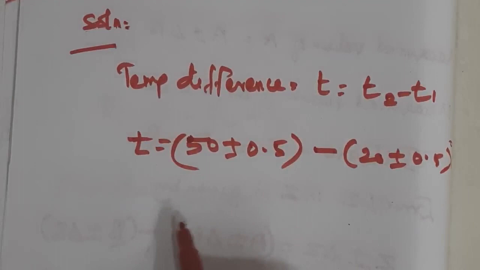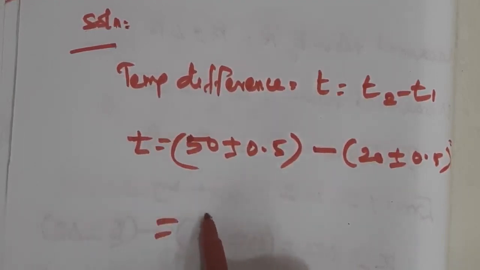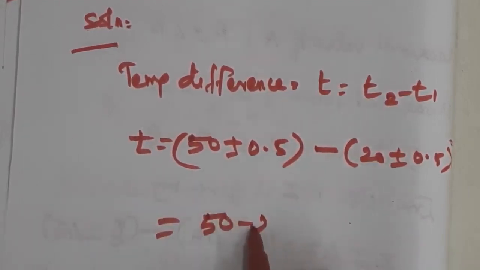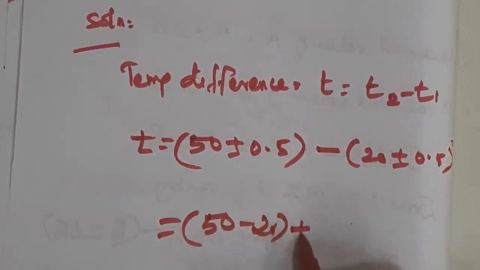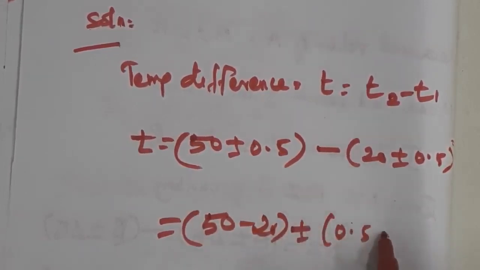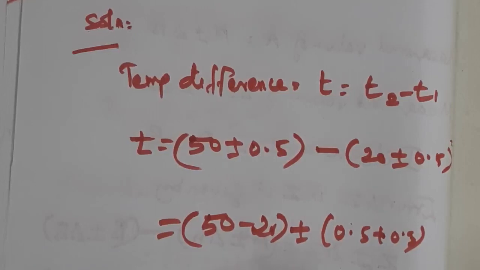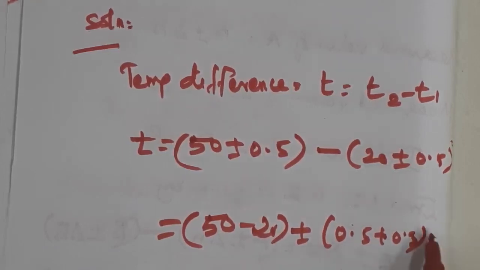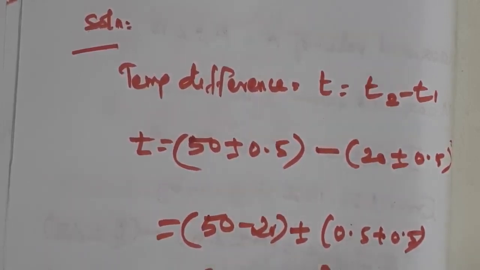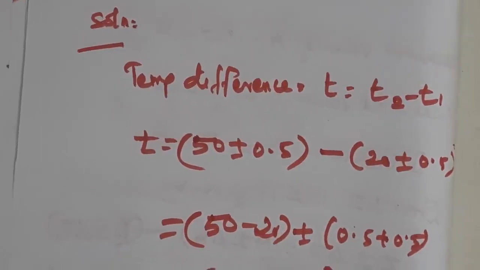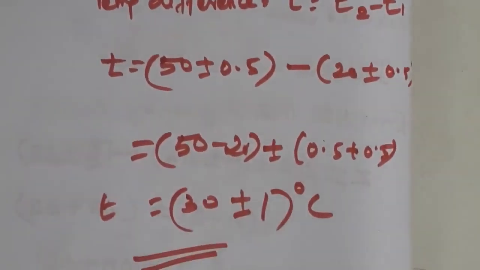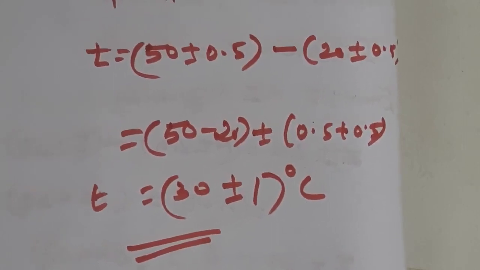So while doing the difference, 50 minus 20 plus or minus 0.5 plus 0.5. So what is the answer? 50 minus 20 is 30. So 30 plus or minus 0.5 plus 0.5, 1. So 30 plus or minus 1 degree Celsius. So this is the temperature difference and its error.